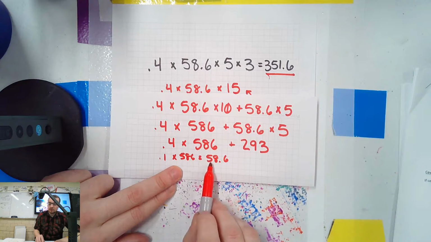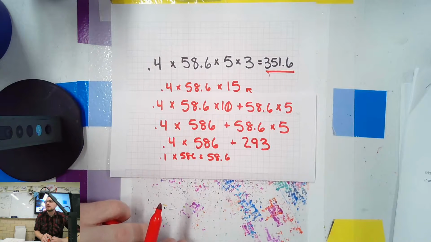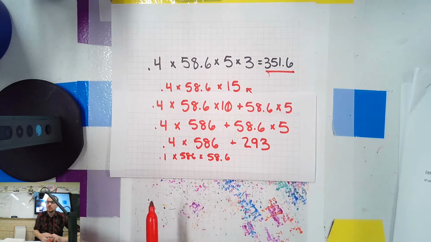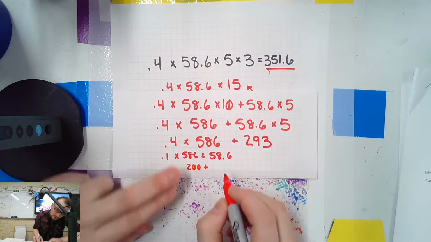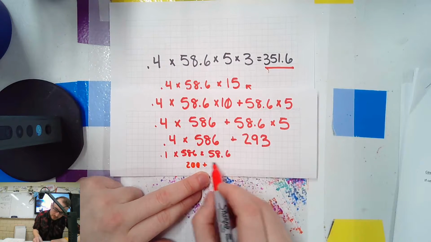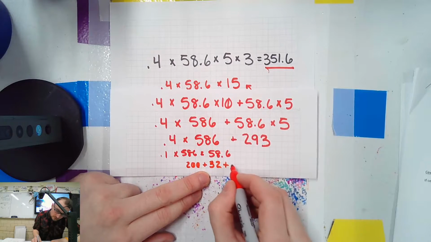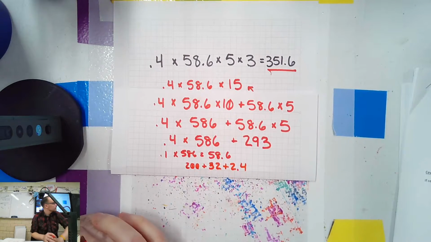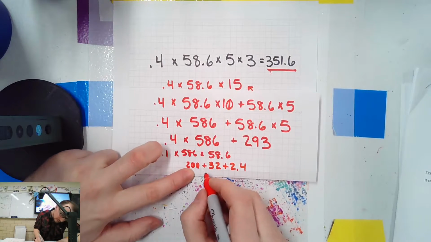So we have 232. What's 0.6 times 4? Same thing as 6 times 4 with a decimal in the middle, right? 2.4. So I'll write that out. We had 200 plus 8 times 4, which you said was 32, and this is 2.4. So that's going to be 234.4.